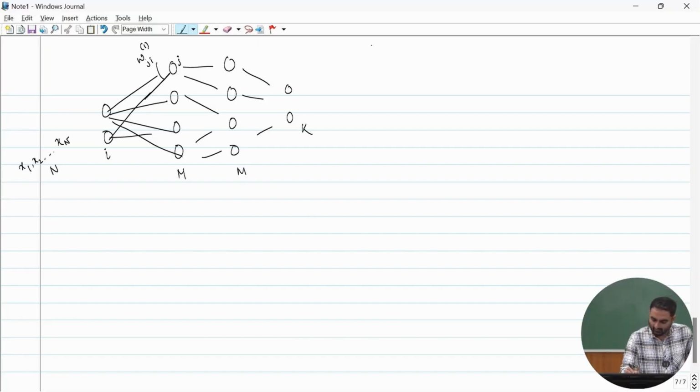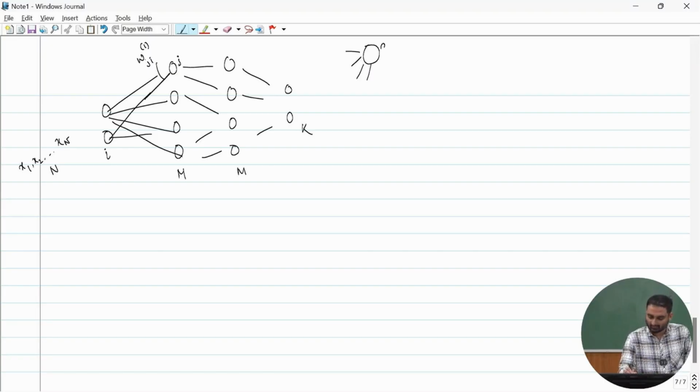So at every neuron, there are essentially two operations that are going on. One is this aggregation operation, right? It aggregates all these inputs. Aggregation is just a weighted sum, and then we have an activation function, right?